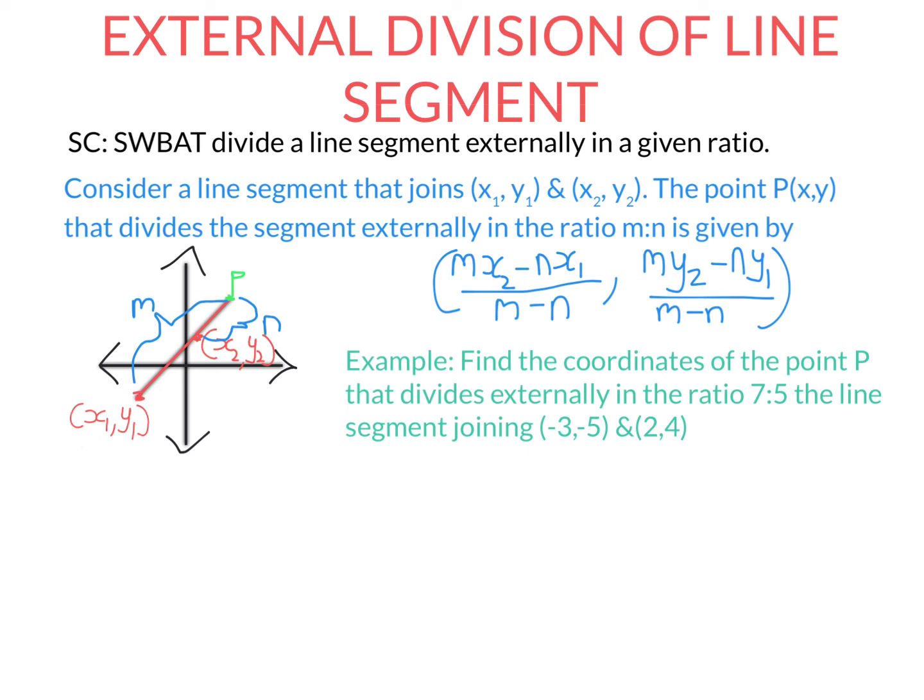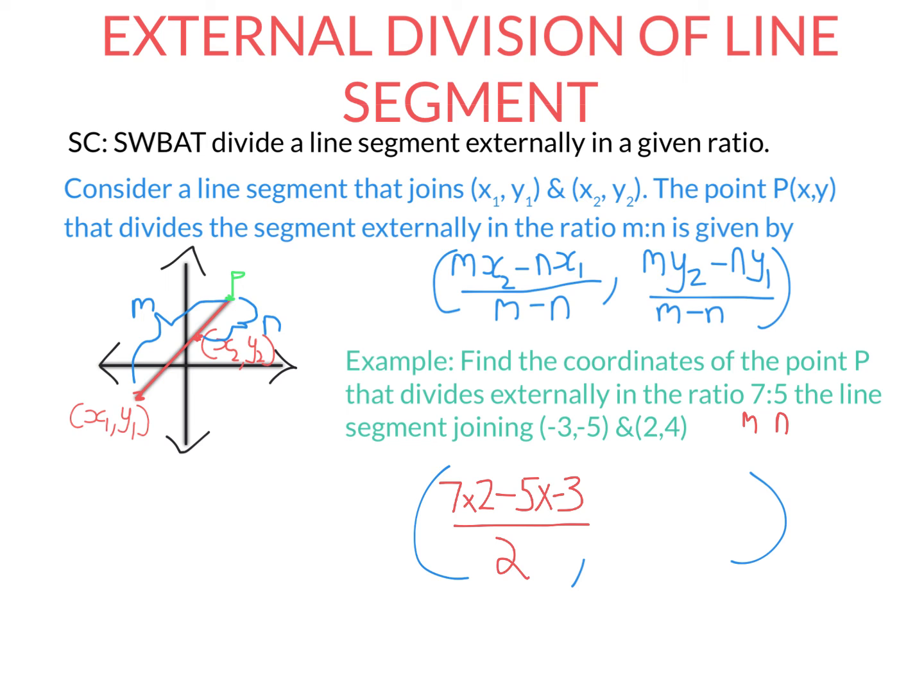All right, all we need to do to solve this question is use this formula. So we're looking for the coordinates of P. So P has an x coordinate and a y coordinate. So m and n come from the ratio. So here m is 7 and n is 5. So the x coordinate of this point will be m times x coordinate of second point minus n times x coordinate of the first point, all divided by m minus n.